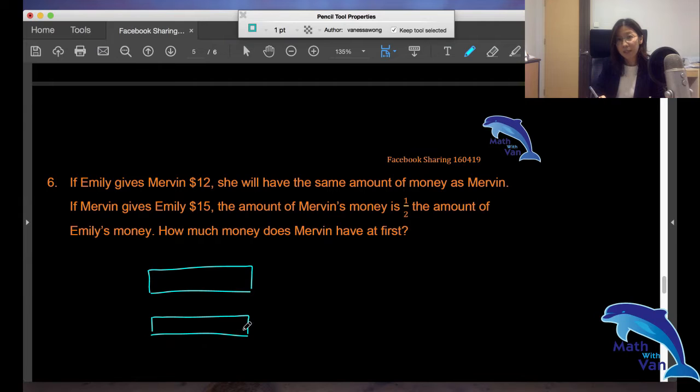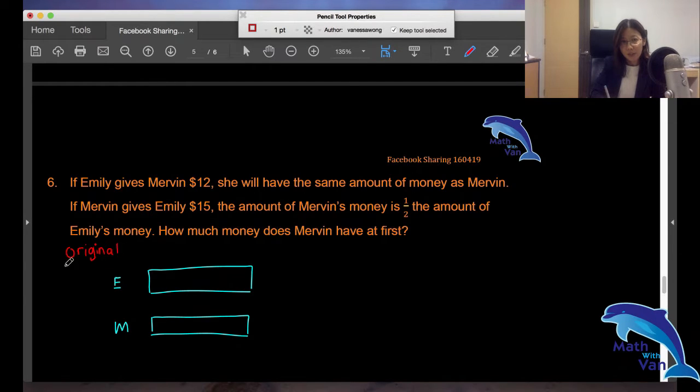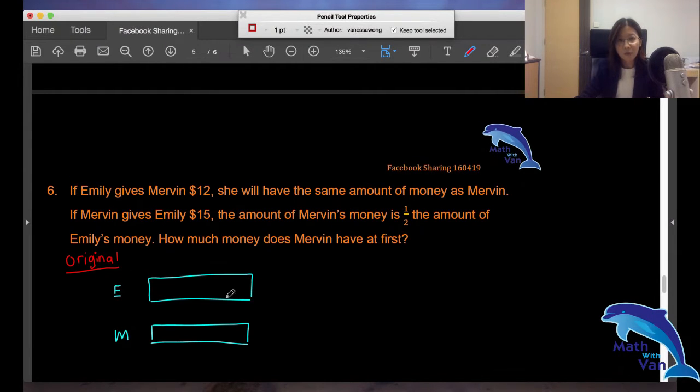After the end of scenario 1, both of them had the same amount of money. And so in this case, now we're going to reverse the change. I'm going to work out originally what is the sum of money. How do I represent it in terms of model? Right, so I'm going to reverse it.